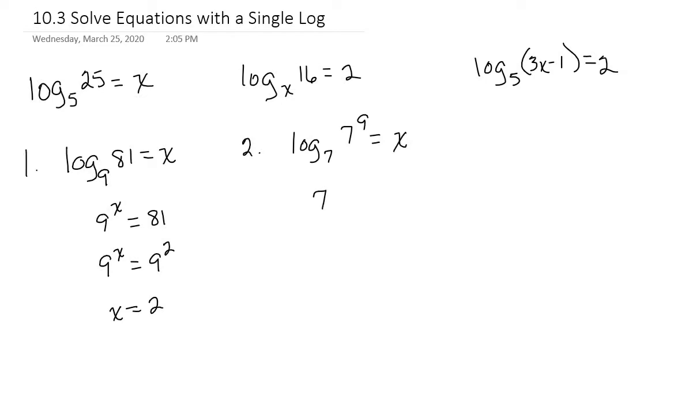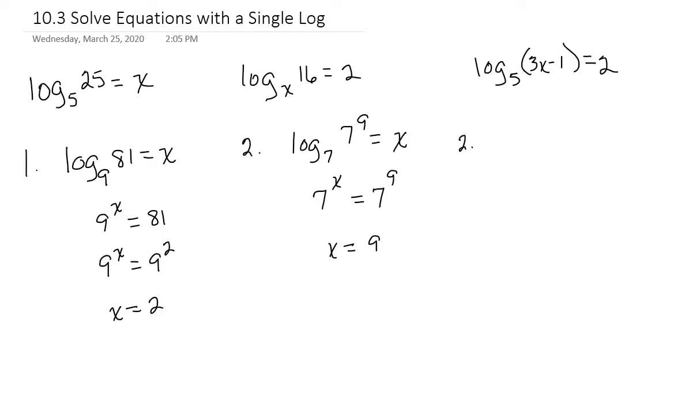The answer over here is the exponent, so x is the exponent. And this argument here of 7 to the 9th is what goes over here on the right-hand side of the equation. And then I can see that x is equal to 9.